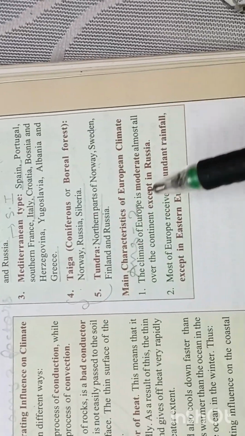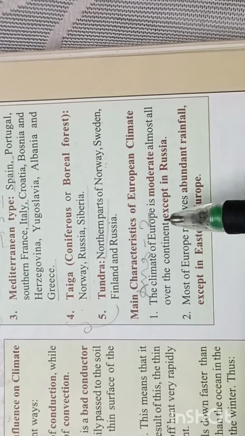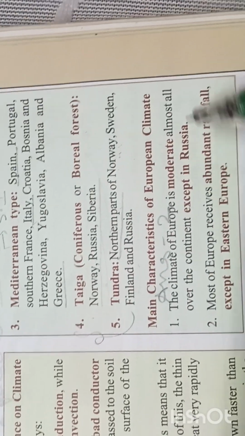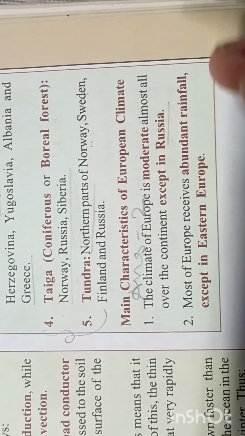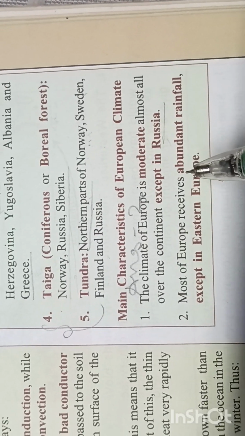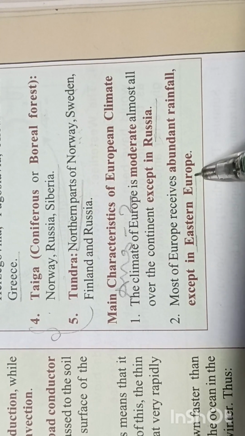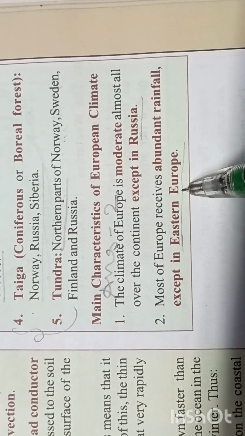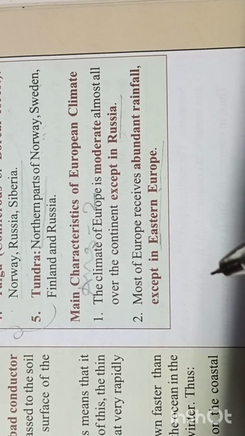Okay. Now, main characteristics of European climate. See, in both there is an exception. Except in Russia, the climate of Europe is moderate almost everywhere. Just Russia does not have a moderate climate, and in the second one, only in Eastern Europe there is no abundant rainfall. Otherwise, most of Europe receives abundant rainfall.